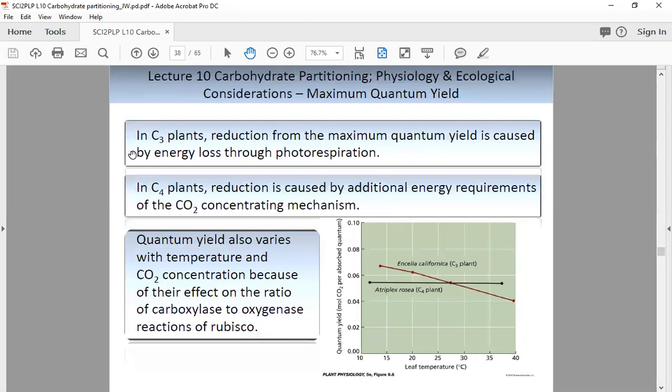All right, in C4 plants, the reduction from the theoretical maximum quantum yield is caused by the additional energy requirements of the carbon dioxide concentrating mechanism. So you might recall that there are additional steps in C4 photosynthesis, and that photosynthesis occurs in 2 different cell types, including those bundle sheath cells.